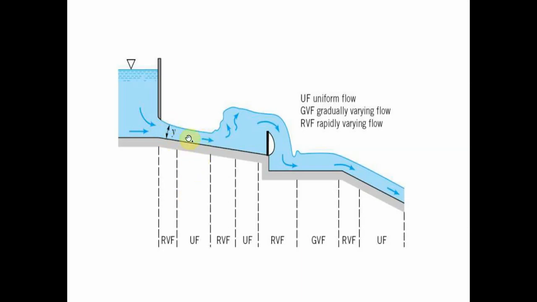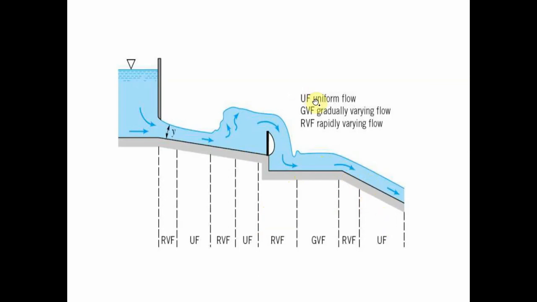Here, this part is roughly uniform flow, and this is rapidly varied flow, where the depth increases and decreases. Then uniform flow again, then again rapidly varied flow behavior, and then this is gradually varied flow. Then rapidly varied flow, with a sudden increase or decrease in the water, and then again it becomes uniform flow.